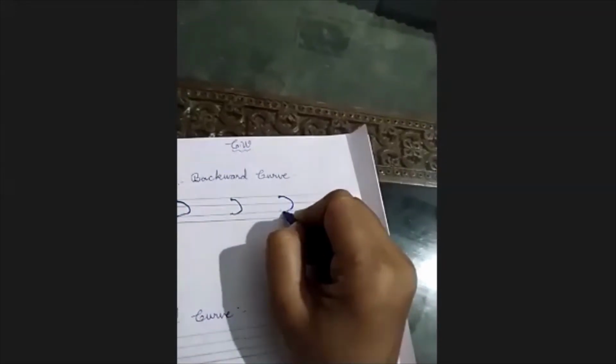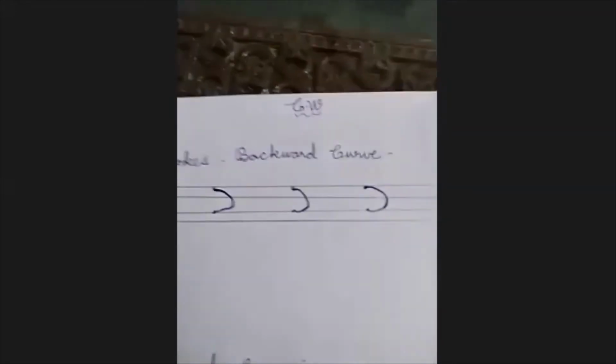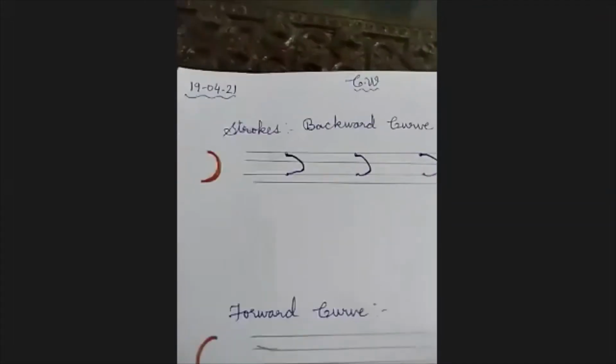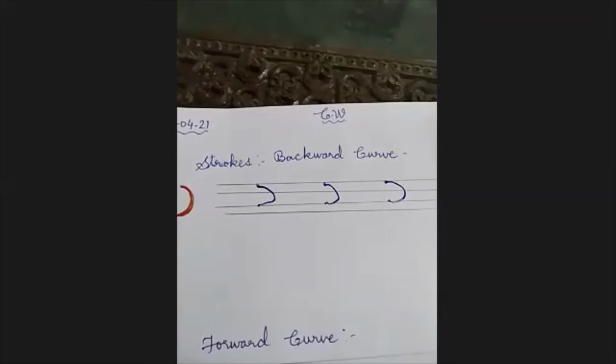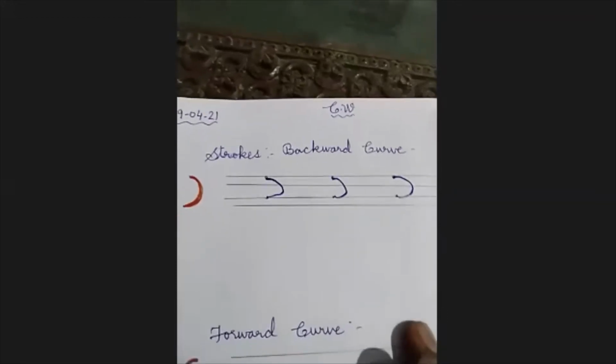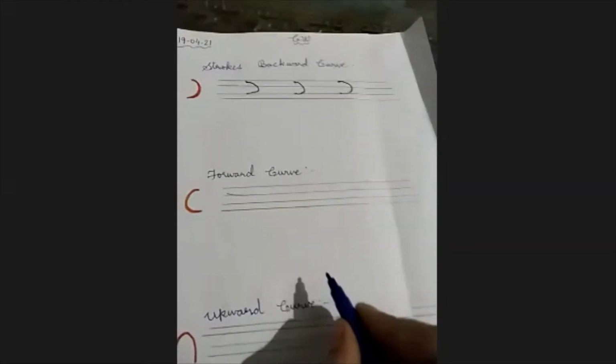Again in the same way, start from the dot, curve towards right, come down and stop. So this is backward curve. Okay, we have learned this in earlier class also. Hope all are writing.